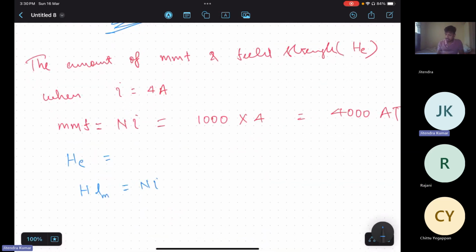So here H into Lm is equal to NI. We need to calculate H here.